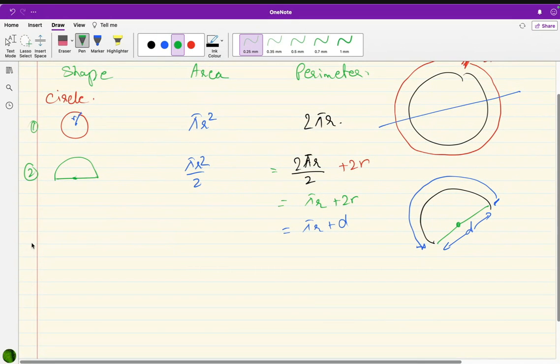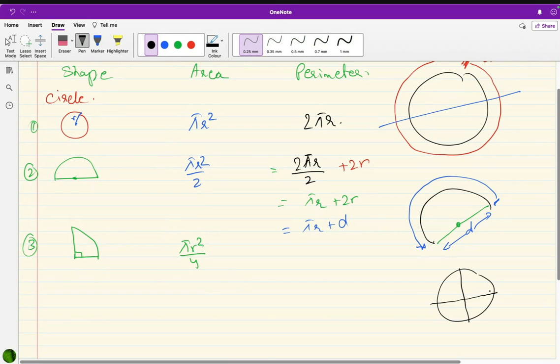And when we talk about, let's say, the third shape, 1/4 of a circle, that is a quadrant. Area would be pi r square by 4, the fourth part of the circle. If I draw the circle completely and split it into equal 4, that's pi r square over 4.